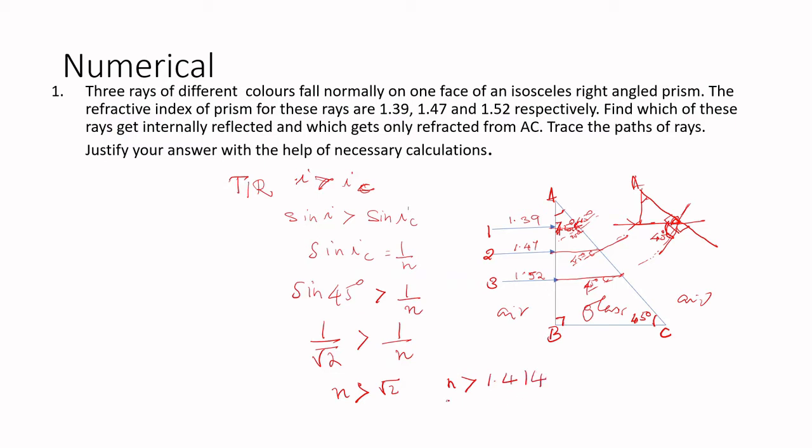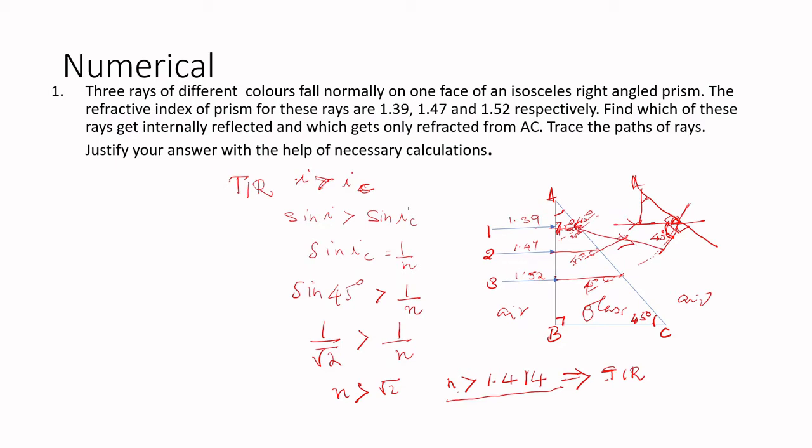So from this we can infer that any ray having a refractive index more than 1.414 will undergo total internal reflection. Here, 1.39 is less than 1.414, so it will not undergo total internal reflection, rather it will undergo refraction. So the first ray is refracted.